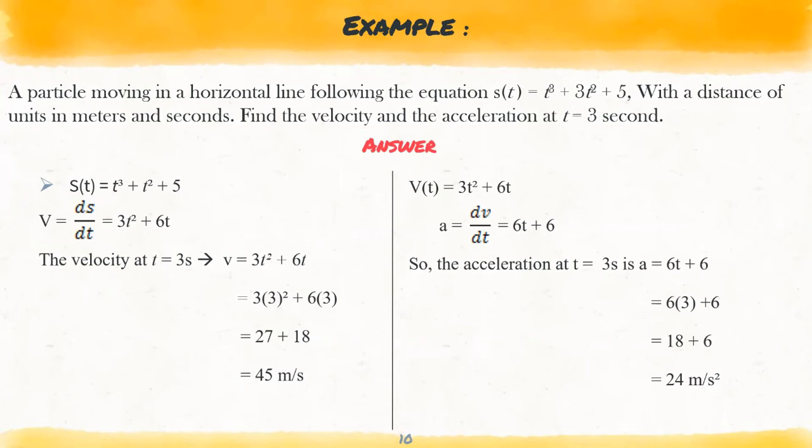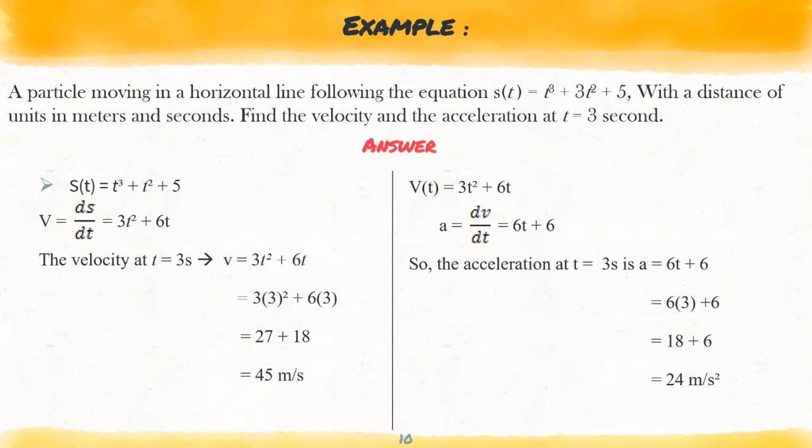And then find the acceleration. Again, we know our velocity is 3t squared plus 6t, and the acceleration is equal to dv/dt equal to 6t plus 6.